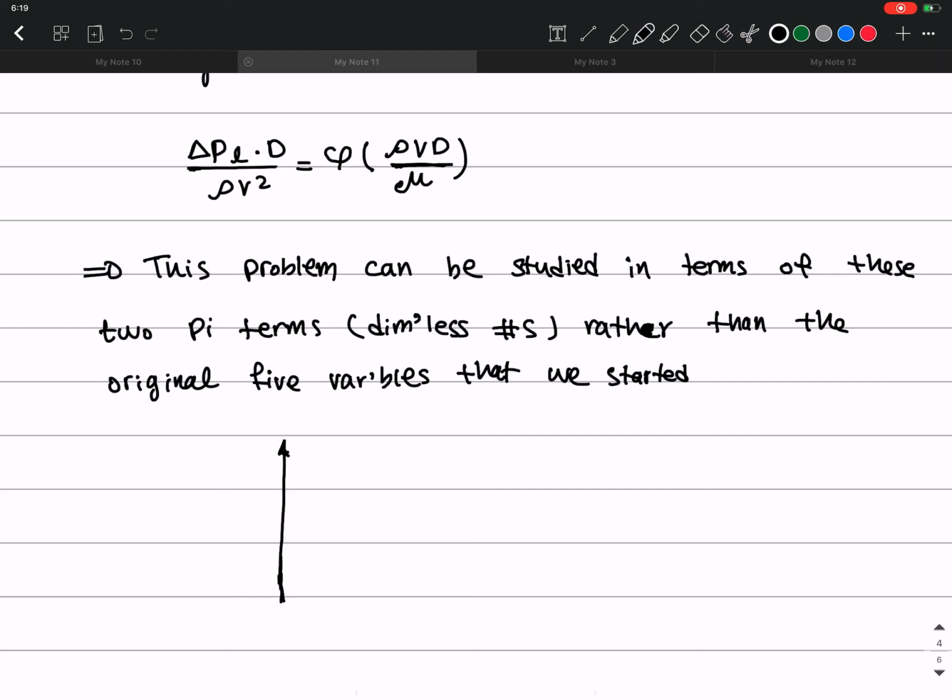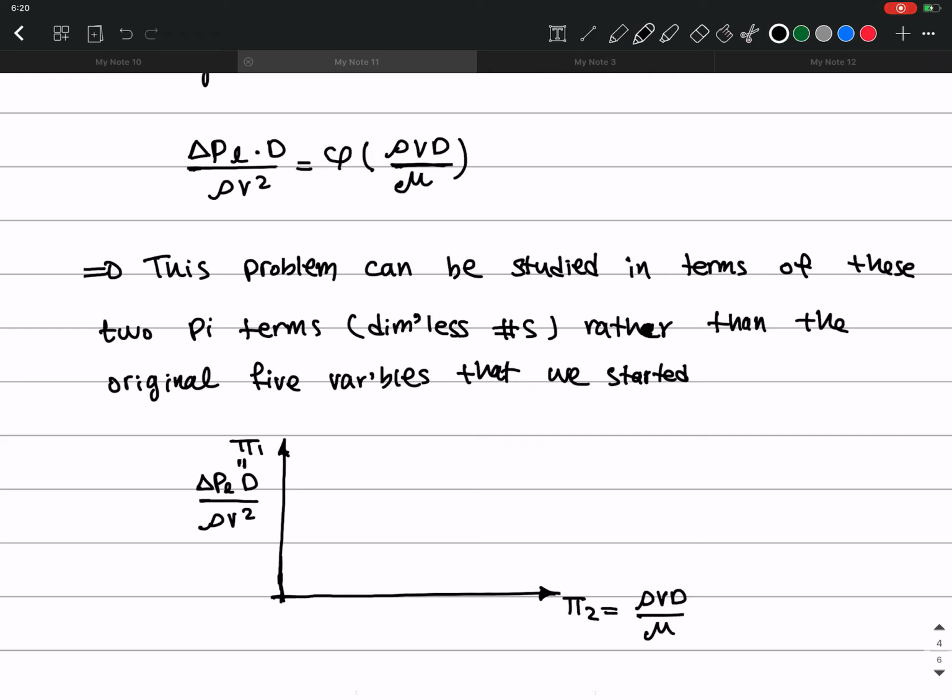So on one axis, you write pi 1, which is delta PL d over rho v square. And on the other axis, you plot pi 2, which is rho v d over mu.